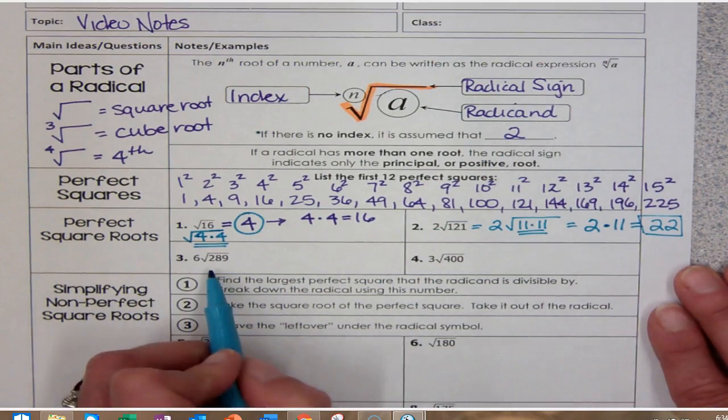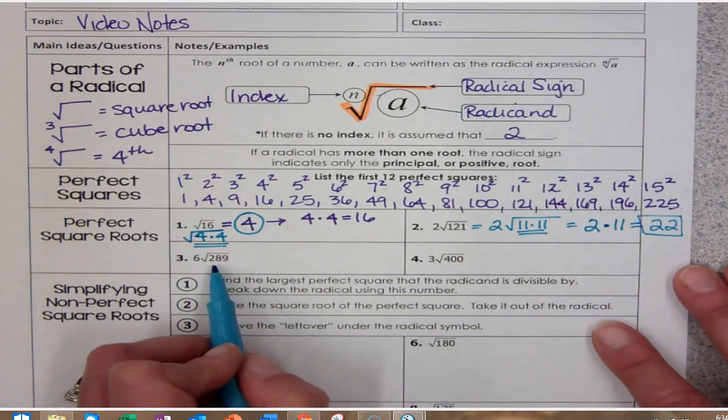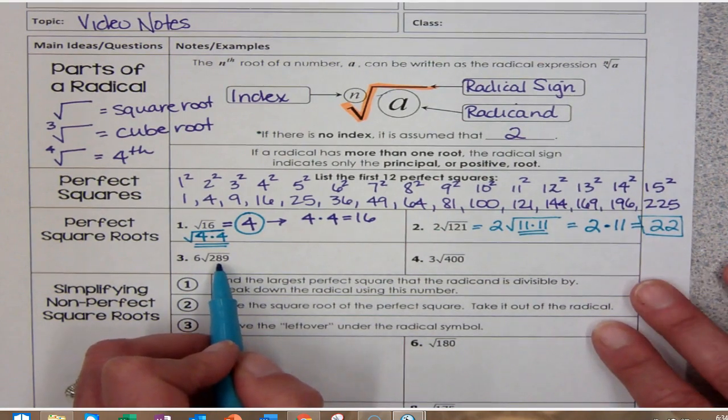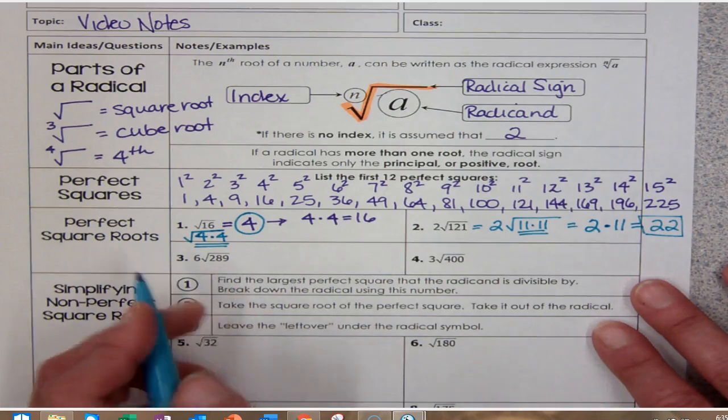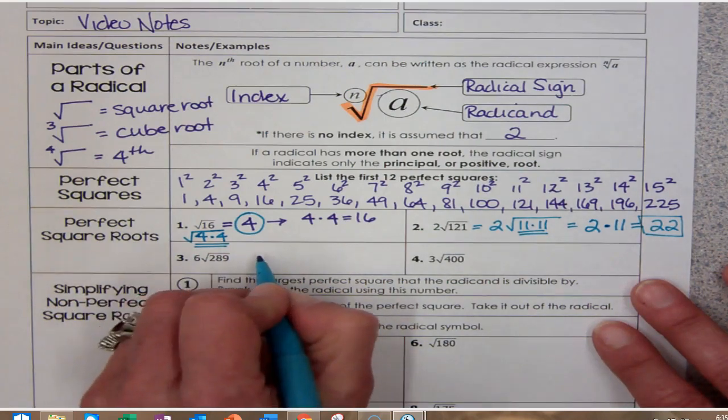All right. Now here, how can we simplify this? Is there a number that multiplied by itself is going to give us 289? And the answer is yes.